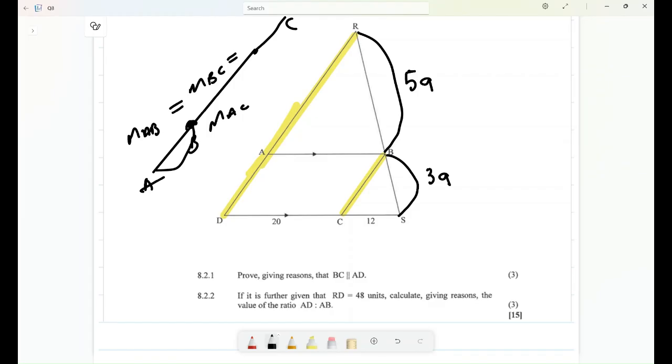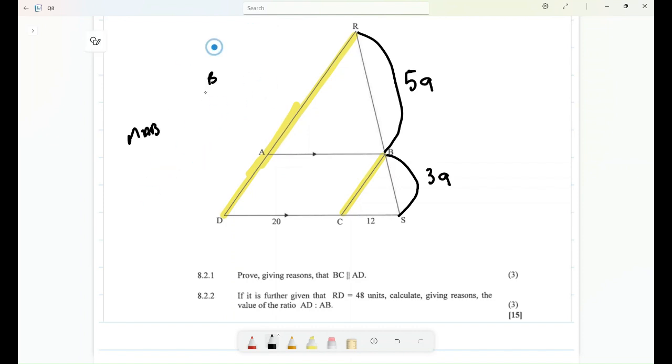Remember, collinear. So this is the same as now trying to prove that that one is that one. How can I do that?